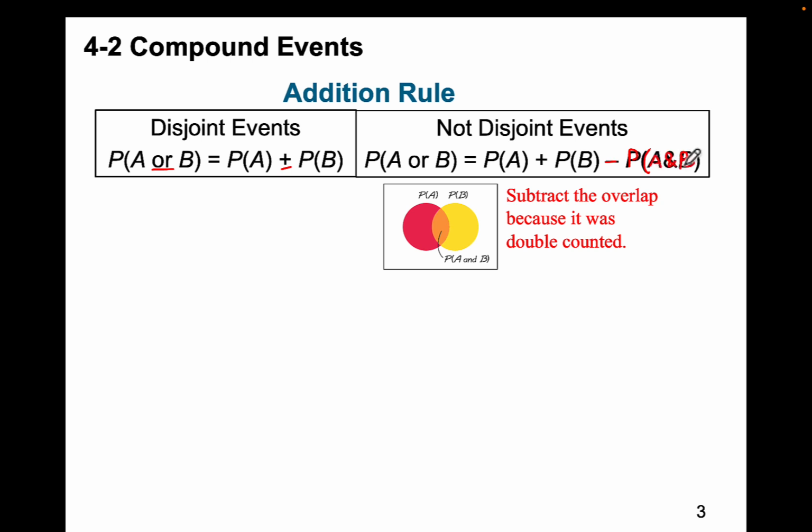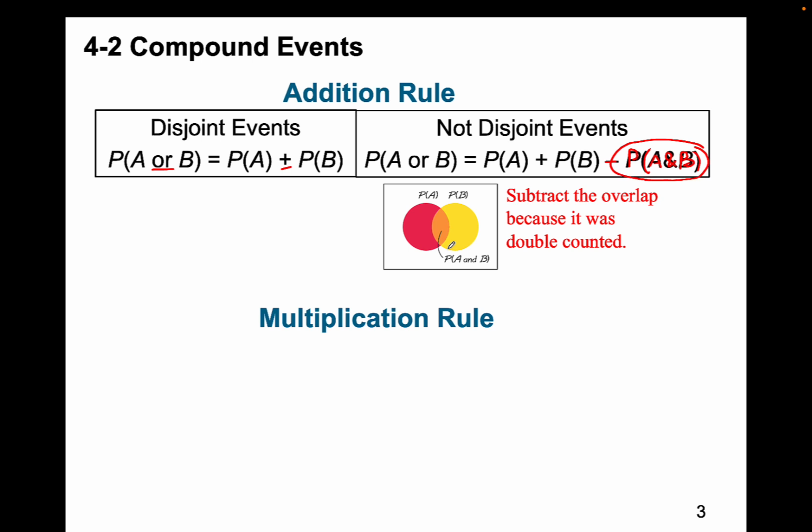That's that overlap portion. Because what happened here is we counted it for the probability of A, but we counted it again for the probability of B, so it got double counted. So we just subtract out that overlap because it was counted twice.